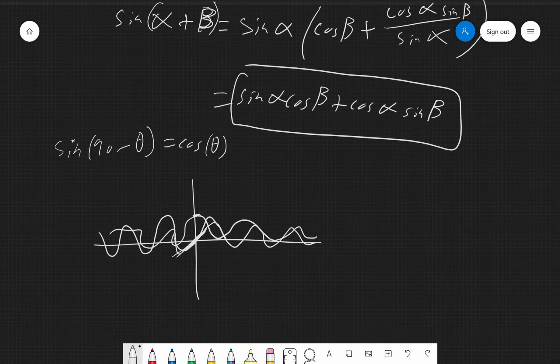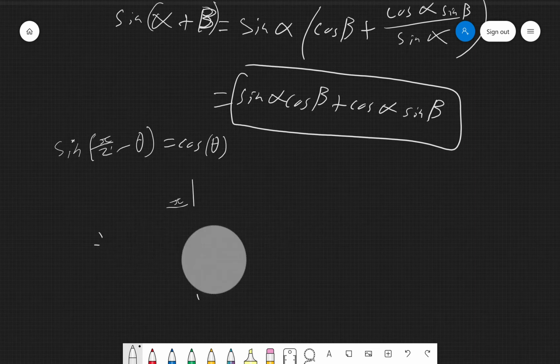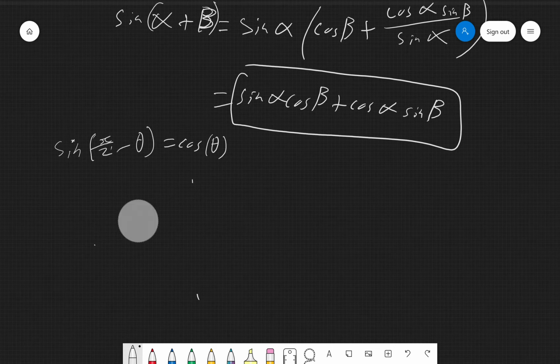So if you shift this, it's shifted by pi over 2, which is 90 degrees. I'll write it in radians, so pi over 2. Hopefully you've learned about the graphs. That was just a quick explanation.